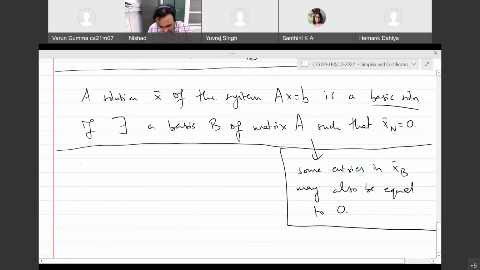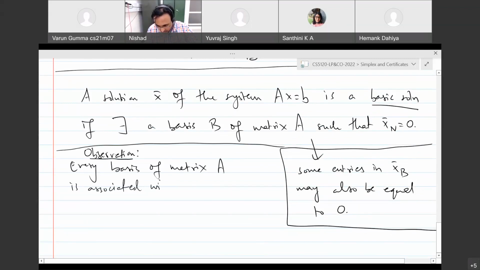Observation. Every basis of the matrix A is associated with a unique basic solution of the system Ax equals b.